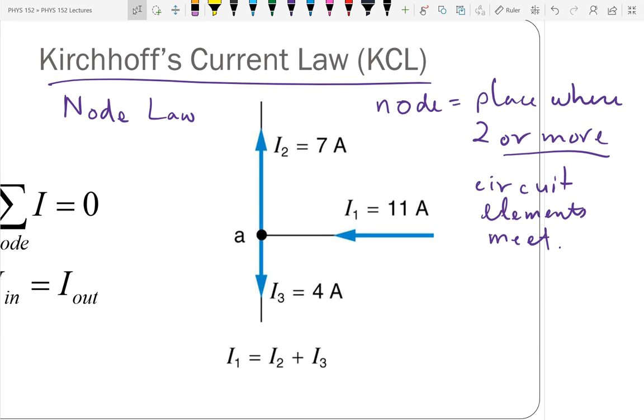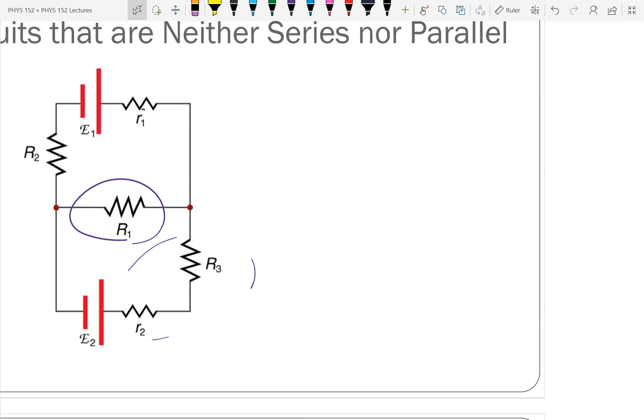So if I have, looking at this previous picture, here I had resistor, internal resistance 2 and resistor 3 met right here. And so that is a node. That's a simple node. Nobody cares about simple nodes where you only had two things meeting.